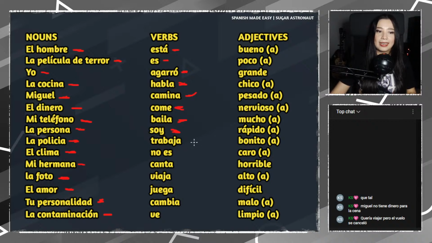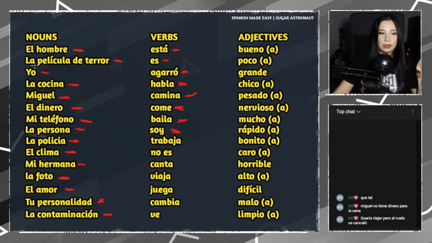Usually, I'm not saying which conjugation we're talking about, but it's present, and most of them are for the personal pronouns él, ella, okay? Even though we have nouns, usually you conjugate the verb.